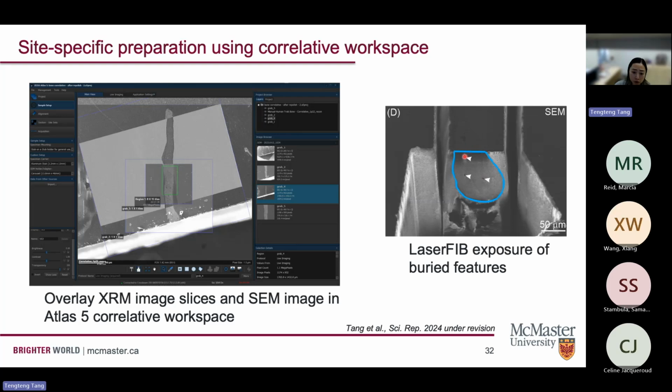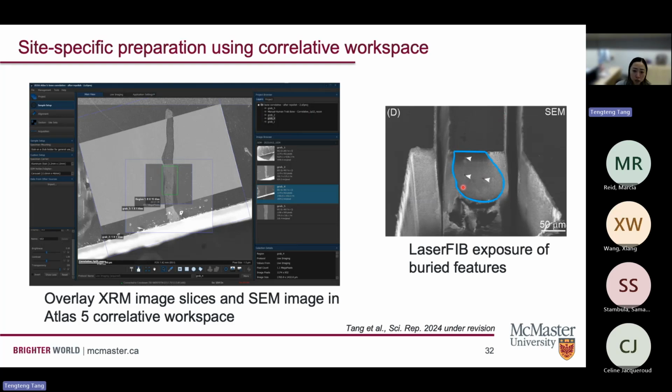So when we overlay the XRM data in 3D and the SEM image using the correlative workspace, we will be able to decide, okay, the sample tissue will be much wider than what we can see here. And this helps us to decide exactly what field of view we have to expose using the laser FIB and where we want to laser FIB and expose this cross-section. So that's where this correlative workspace comes from.